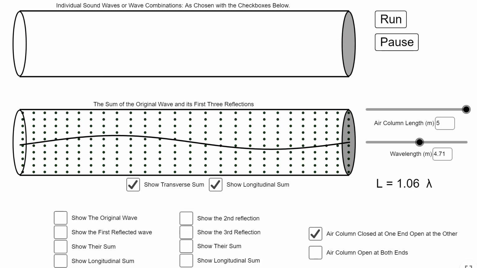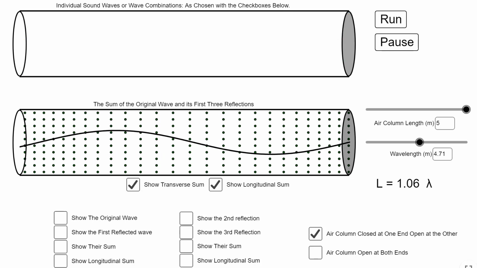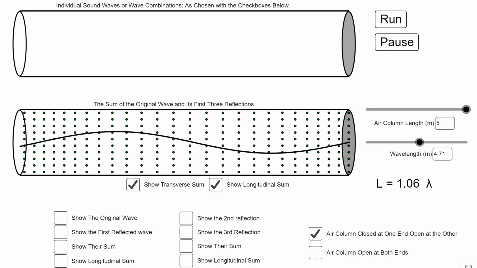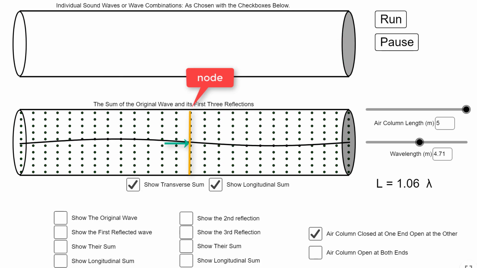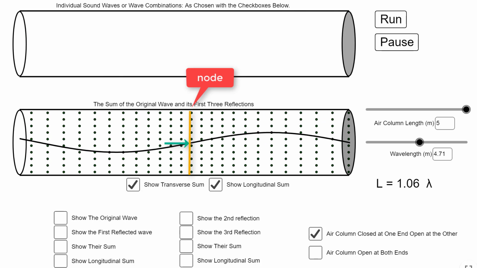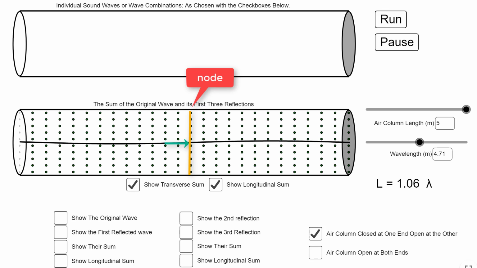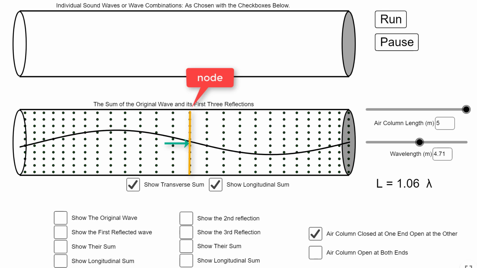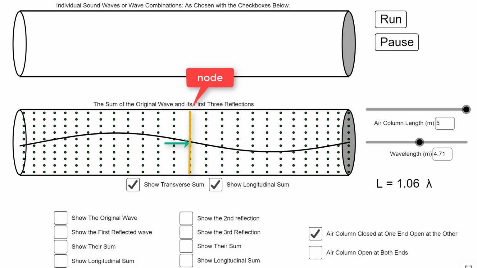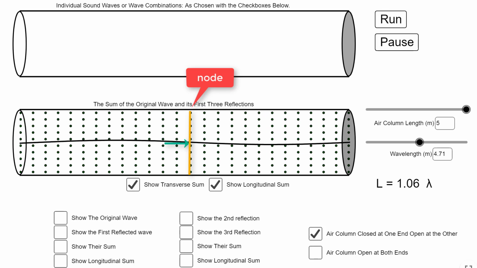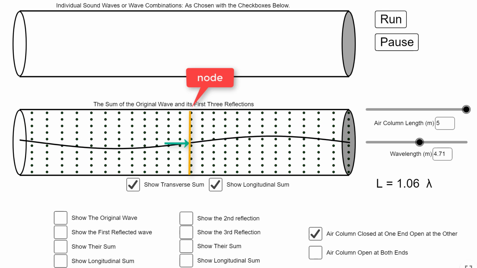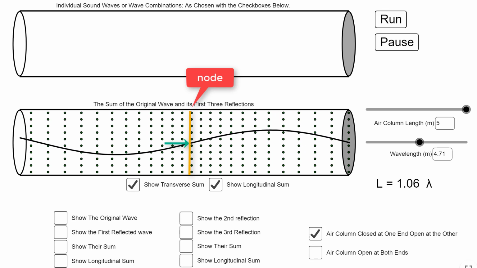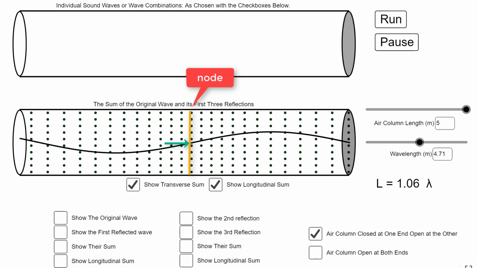Note carefully the node position. You see here, these particles along this vertical line don't move at all. They are at rest. This is a node, and all the particles on the two sides of this node oscillate back and forth.